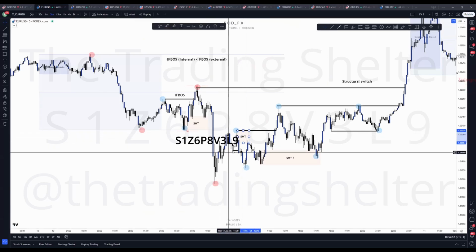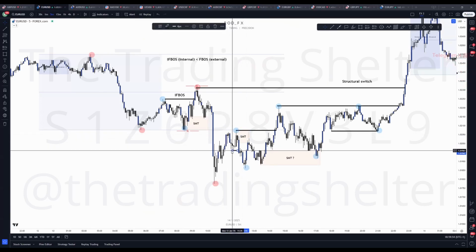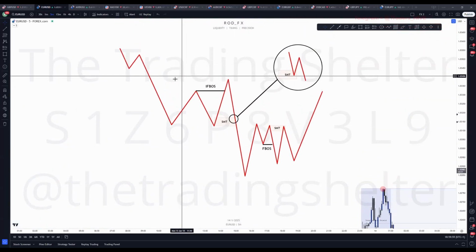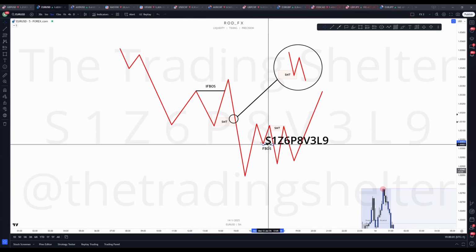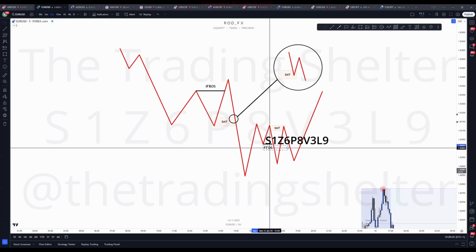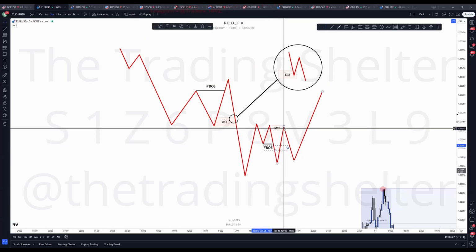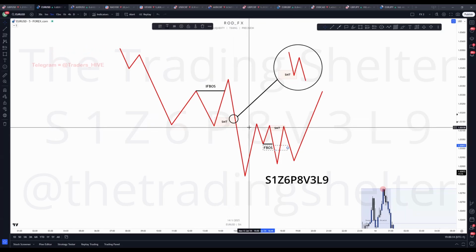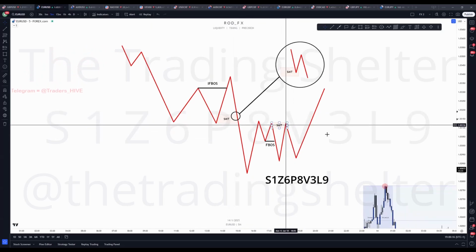It's very important because you guys will get smoked if you don't understand these concepts. How can they try to stimulate and entice people to go short if the price is already short? Does that make sense?